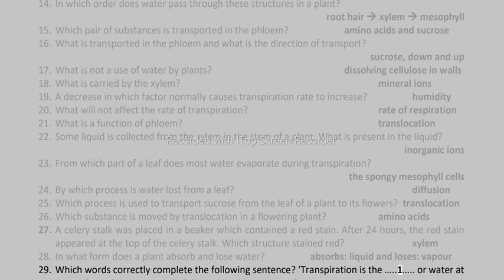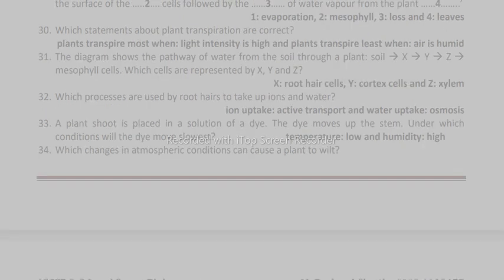Transpiration is the 1 of water at the surface of the 2 cells followed by the 3 of water vapor from the plant, 4. 1. Evaporation, 2. Mesophyll, 3. Loss and 4. Leaves. 30. Which statements about plant transpiration are correct? Plants transpire most when light intensity is high and plants transpire least when air is humid.